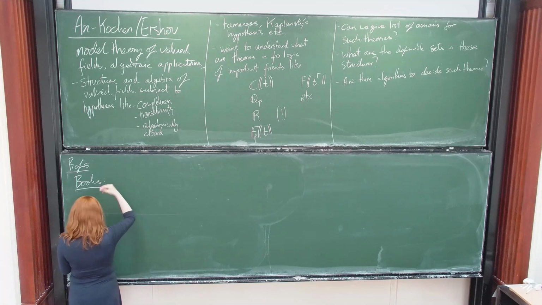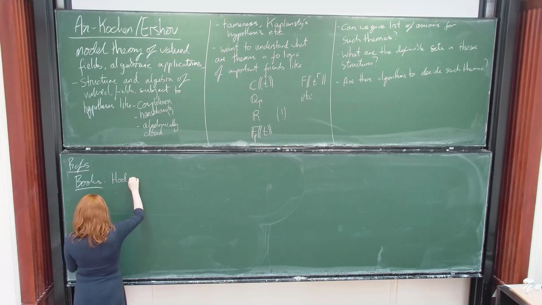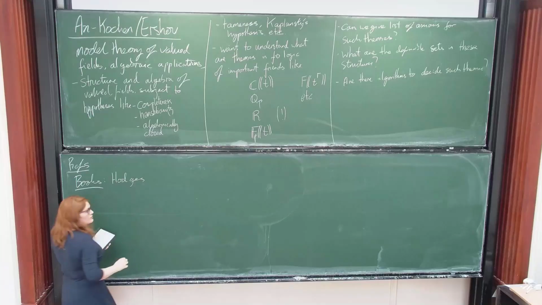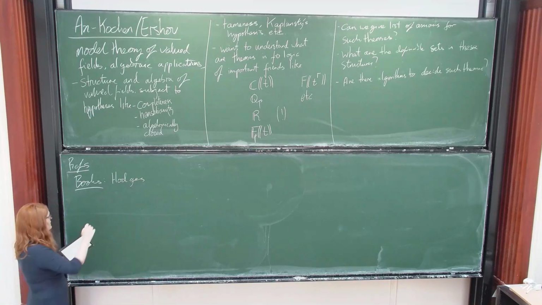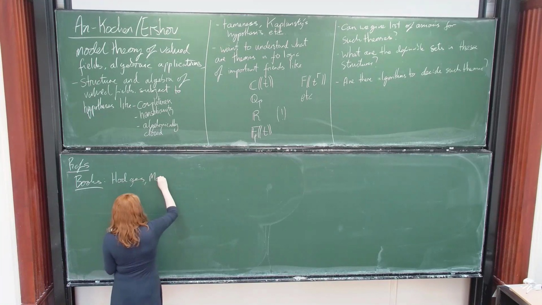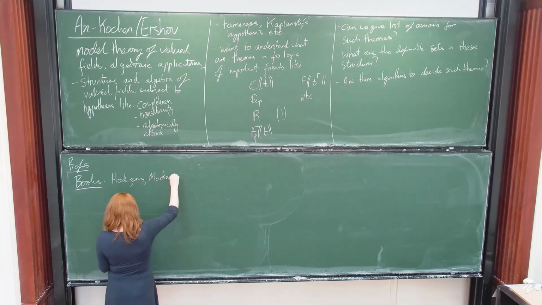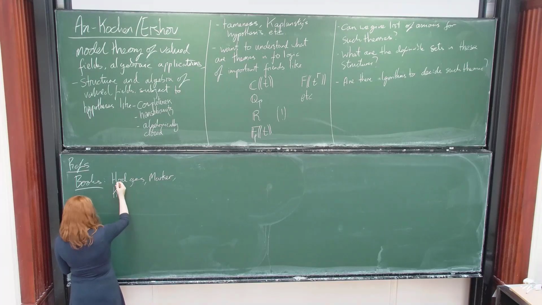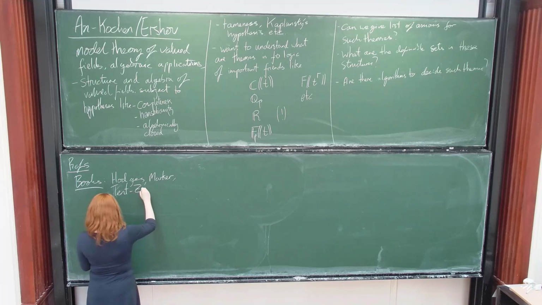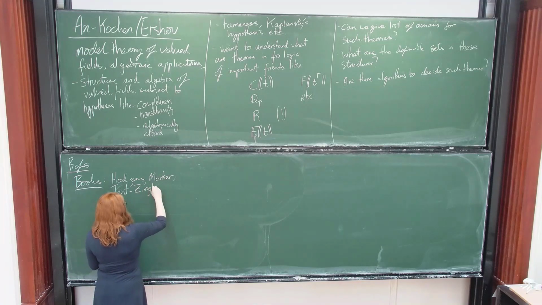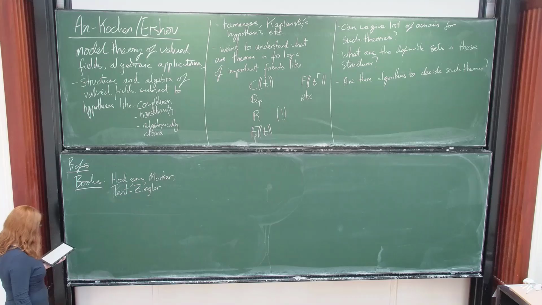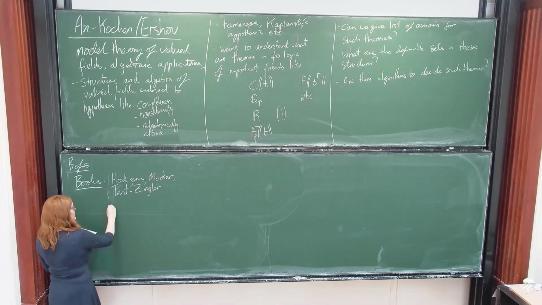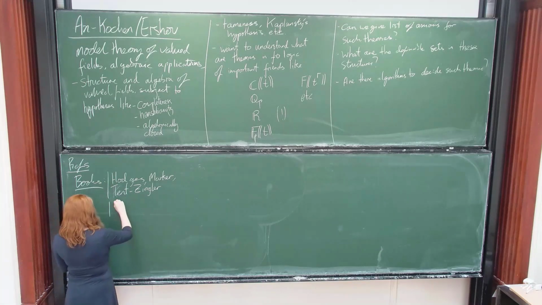And if some of that's still feeling uncomfortable for you, then I can recommend the books by Hodges. There are several model theory books by Hodges, or Marker, David Marker. I could give lots and lots of recommendations, but Tent, Ziegler, various other people. This is the model theory reading list.